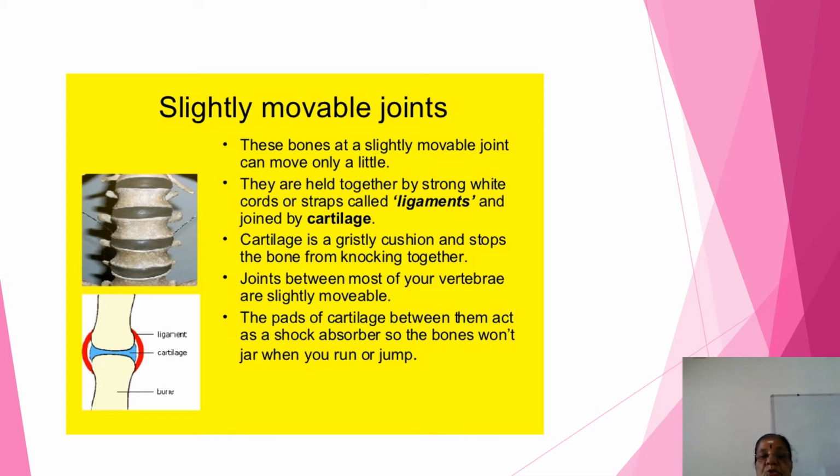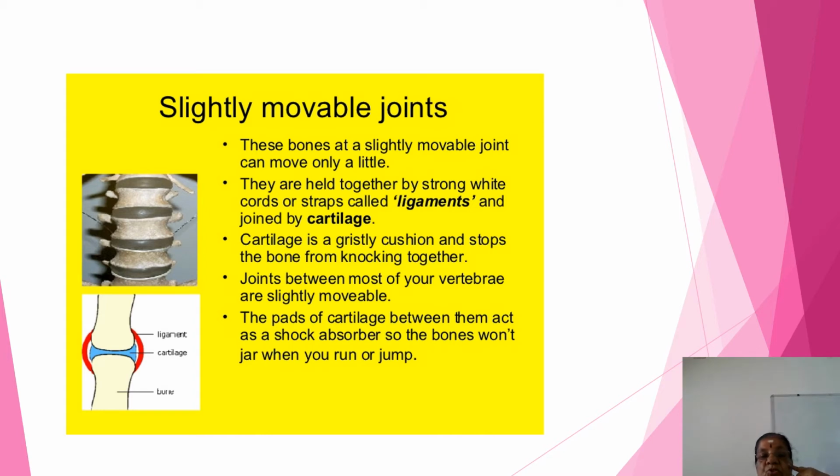Cartilage is a greasy cushion and stops the bones from knocking together. To keep one from hitting the other, this cartilage forms a cushion-like structure. In the second diagram, the blue is labeled cartilage. Are you clear? So cartilage is a cushion and stops the bones from knocking together.